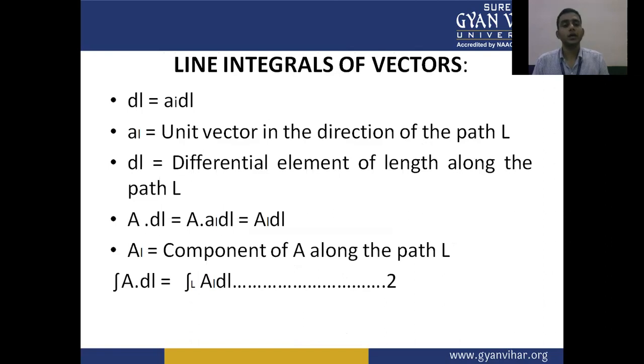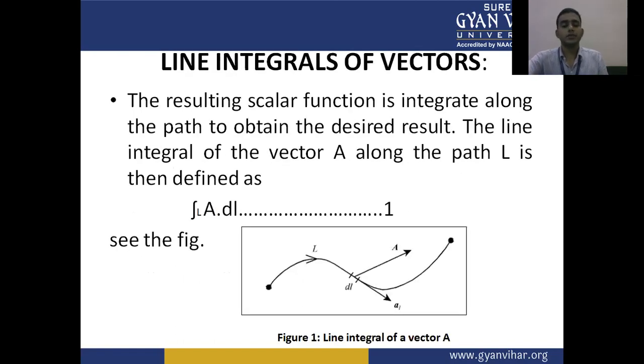dl is equal to the unit vector aL times dl. aL is the unit vector in the direction of the length or incremental length. dl is the differential element of length along the path L. This figure shows the length of the curve, where dl is the incremental length and aL is the unit vector in the direction of dl.